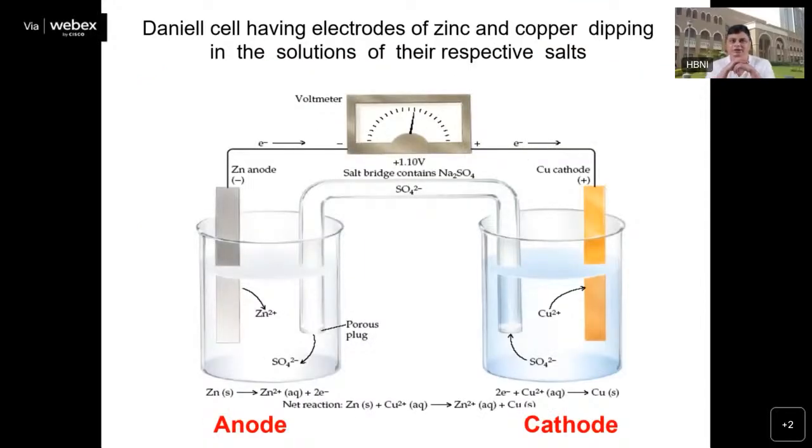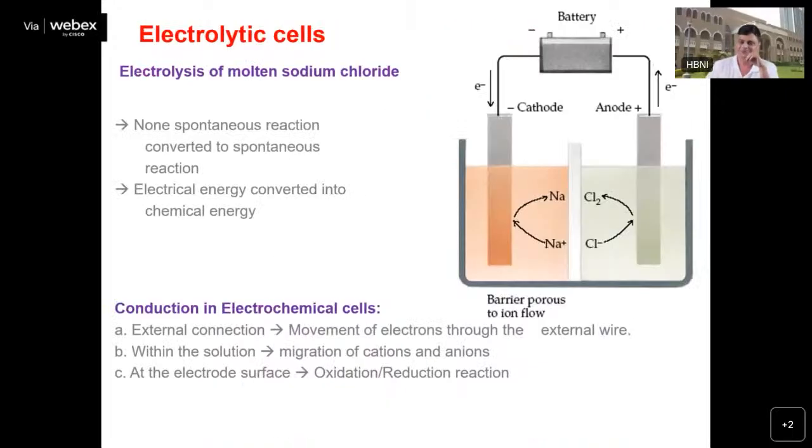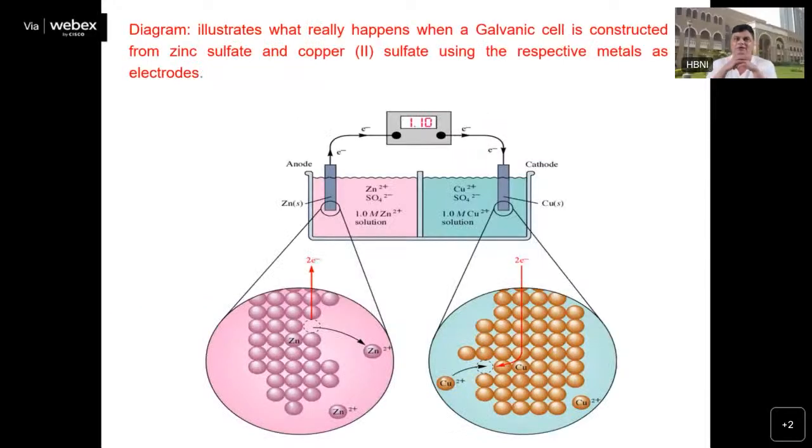So this is basically a Daniell cell. How does the Daniell cell look? It has a zinc electrode and a copper electrode dipping in their respective salt solutions, which means the zinc electrode is dipped in zinc sulfate solution and the copper electrode in copper sulfate solution. And what is happening in the Daniell cell?